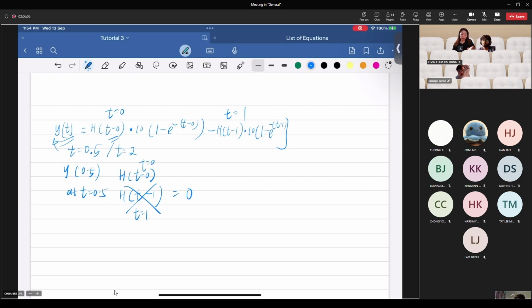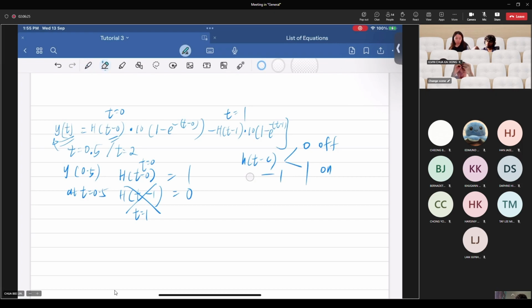So at 0.5, this one, it is on. You have learned this, it should give you the answer of 1. When it is on, it is 1, which means your h(t minus c) will only have 2 outcomes, either 0 or 1. So this one is off, this one is on. At time equals 0.5, it is not yet t equals 1, therefore it is 0.